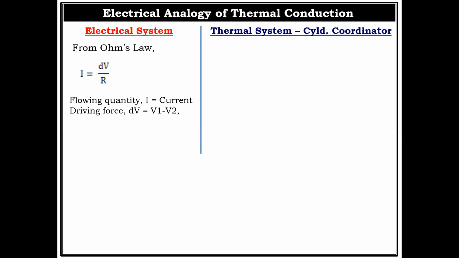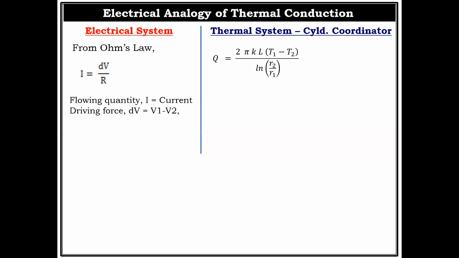Now considering a thermal system for cylindrical coordinates or cylinders. For this, as we just saw, the relation will be Q is equal to 2 pi k L (T1 minus T2) upon ln of R2 upon R1.